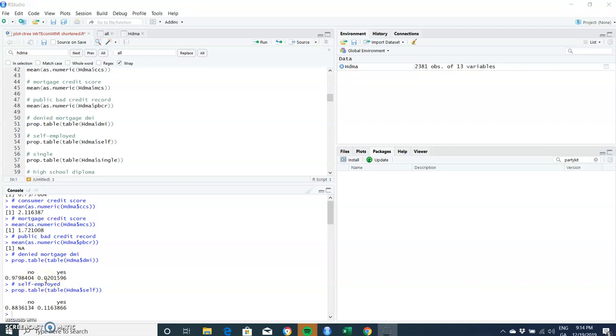Okay, so that's something we might take into consideration. Also, self-employed. Let's just run this again. And again, so self-employed, most people are not self-employed, just 11%, 12% self-employed.